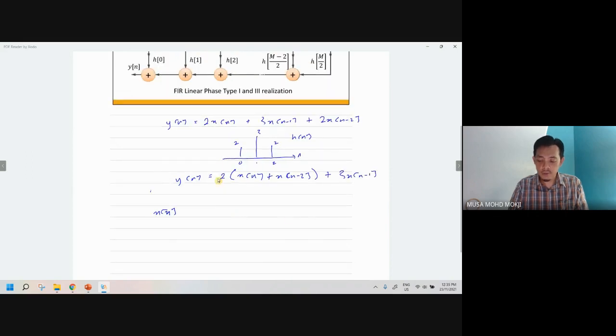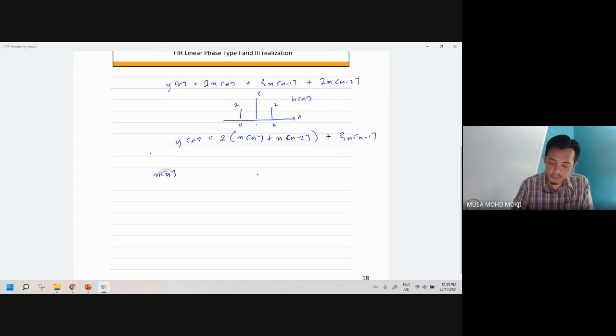Now if you draw this straight, you get a direct form. Because this is linear phase and symmetric, we have an option to draw our system as a linear phase system. So we do this: 2 multiplied by summing these two first. Actually, it's not that complicated. You have your x[n].